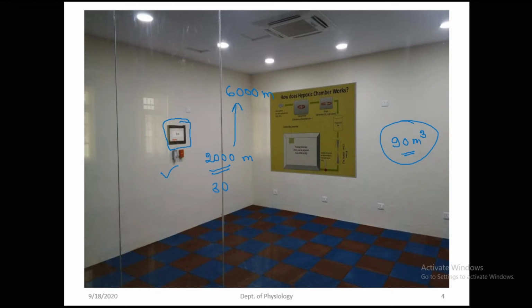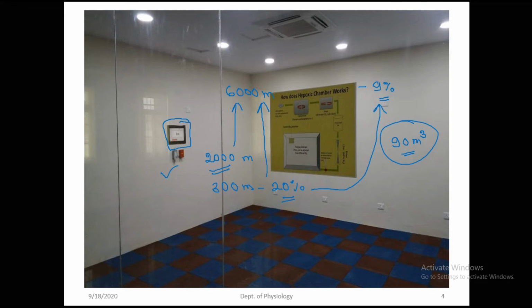At sea level we see approximately 20% fractional oxygen concentration in the atmosphere. If you ascend to 6,000 meters, that decreases to around 9 to 8% oxygen concentration.